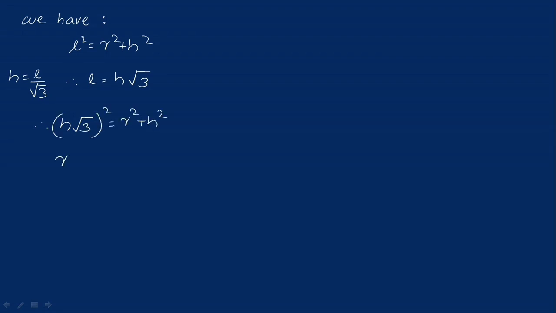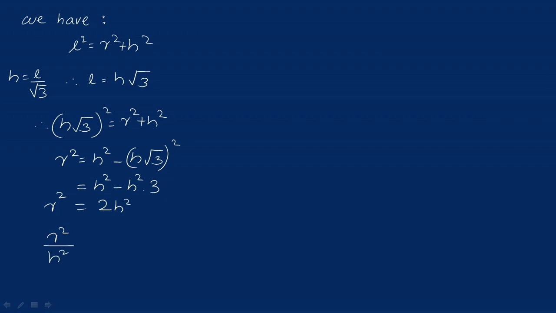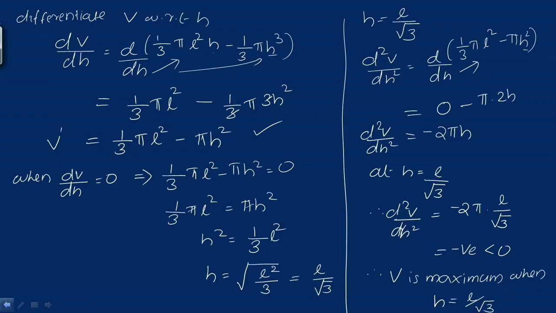So R square is equal to 3H square minus H square, so we have 2H square. So R square is equal to 2H square. From this, R square by H square is equal to 2, so R by H is equal to root 2. So we have got R by H.